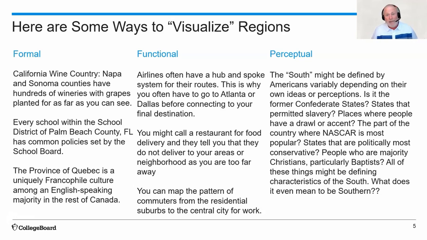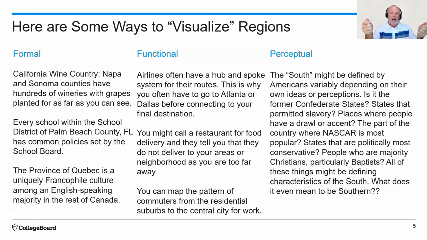People tend to be Baptist Christians. It doesn't get very cold. The South is going to be maybe states that historically were part of the Confederacy. There's a lot of different ways that we could define the limitations of this region. So therefore, it's a great example of a perceptual region where everybody's boundaries are a little bit different.